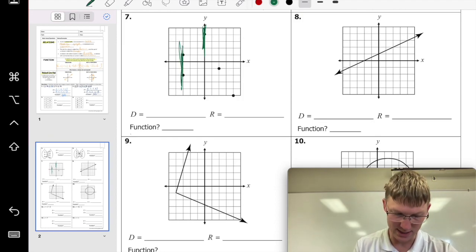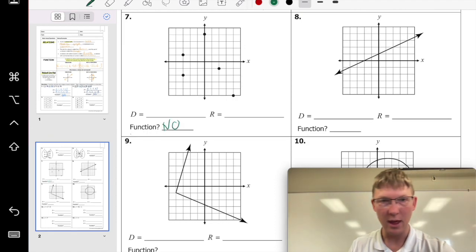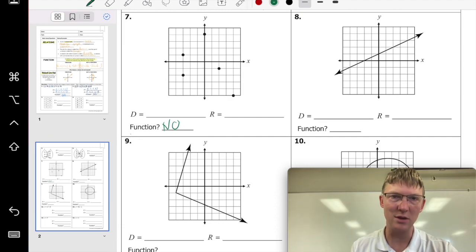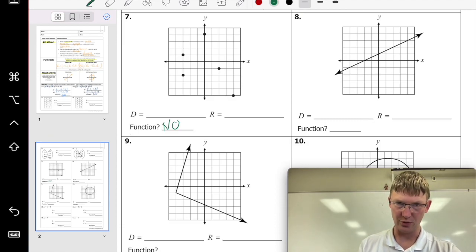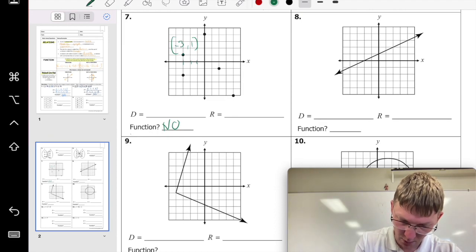So it fails the vertical line test. So we already know that it is not a function. It still has a domain, it still has a range. Whenever you don't see numbers here, just assume that it's single digits. So this point here would be -1, 2, 3, and then 1. So it goes up 1.